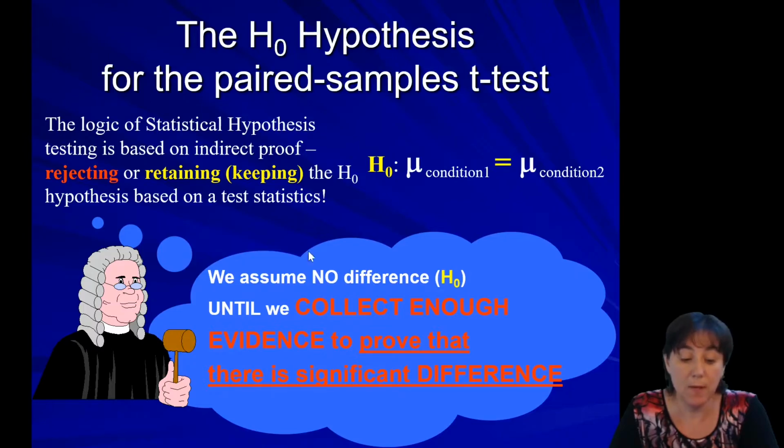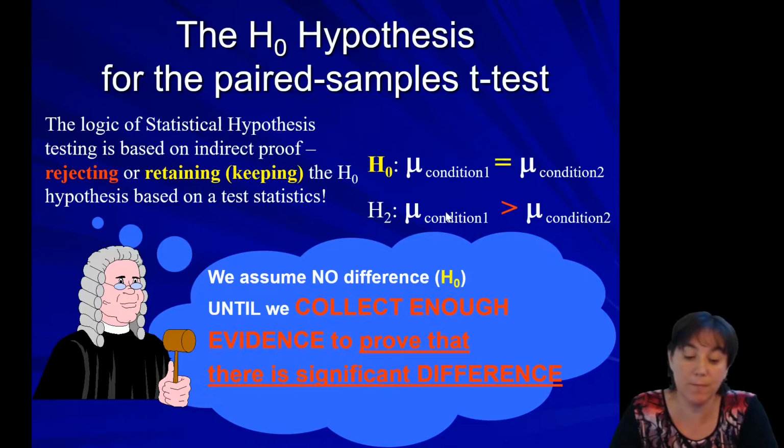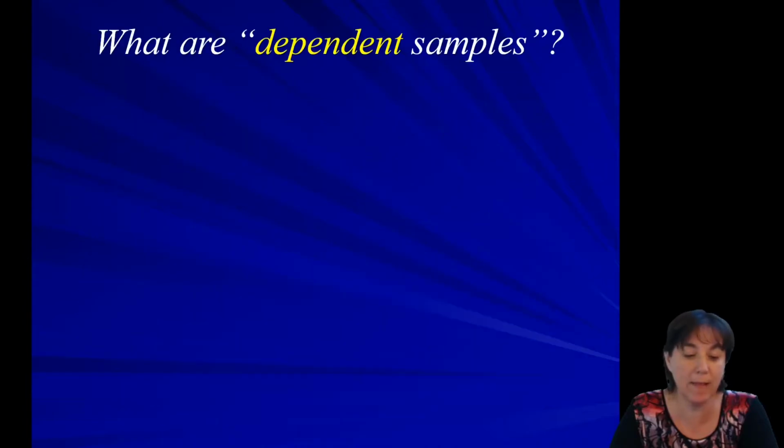So we have to collect enough evidence to prove that either condition 1 is higher as a mean value or condition 2. Okay, so we're aiming at these two alternatives when we're doing this test.